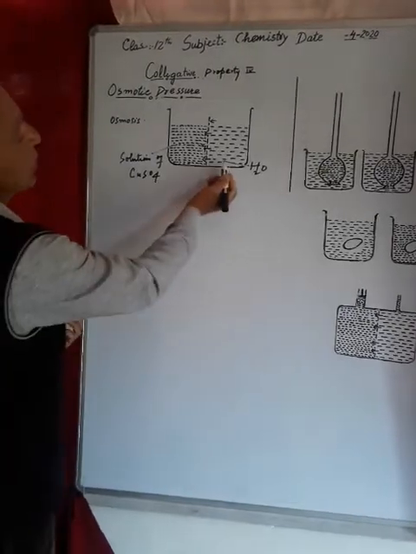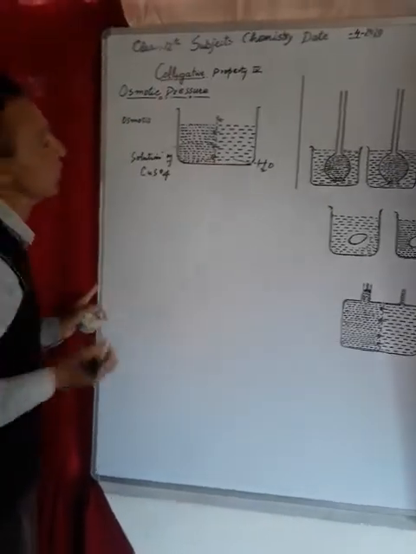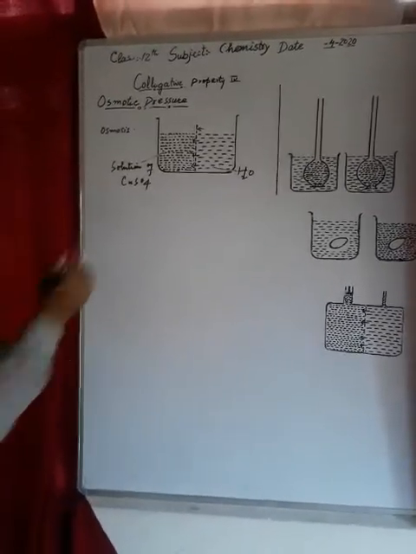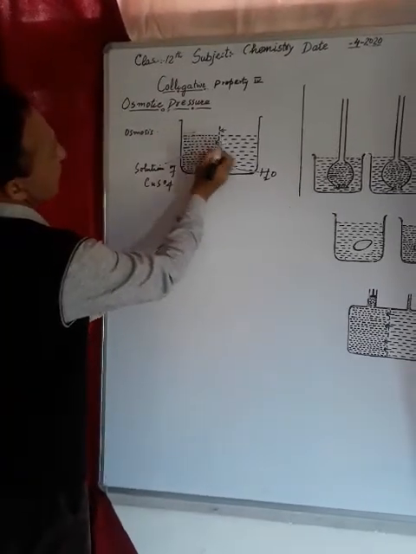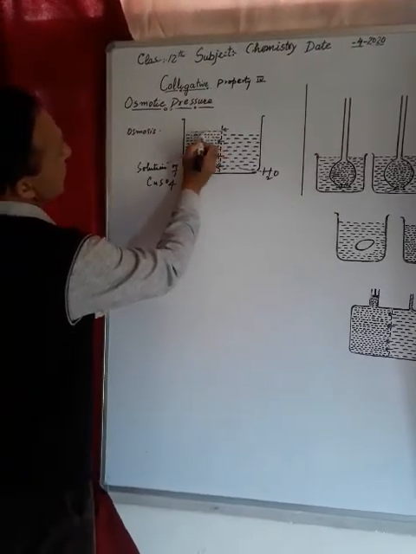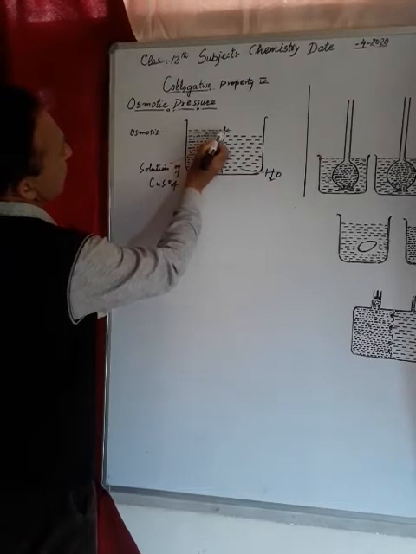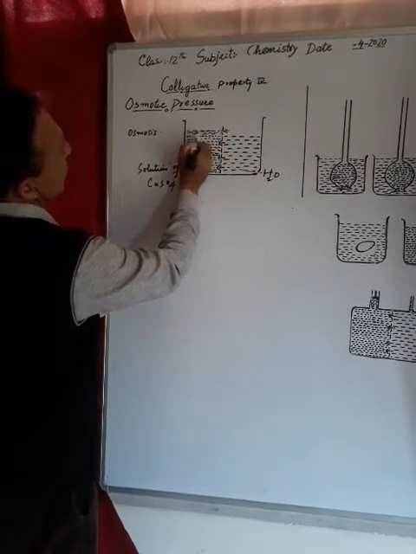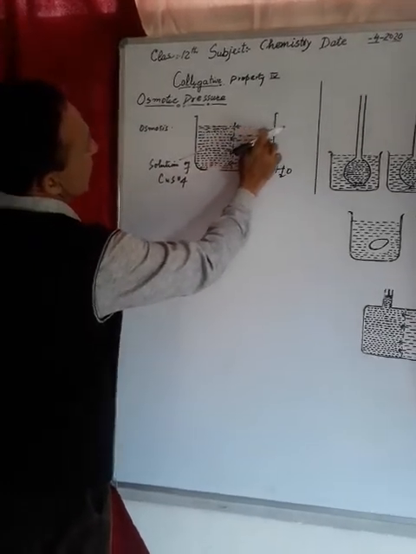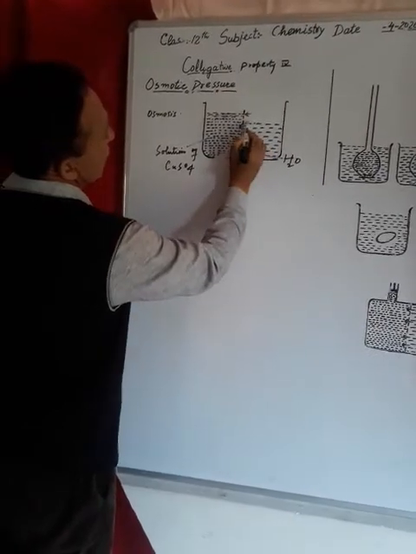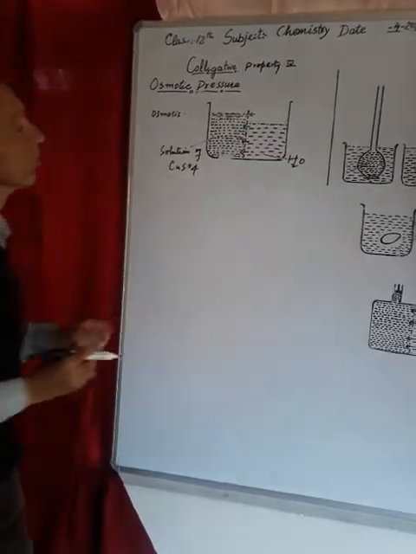This movement of the solvent particles is called osmosis. When the water passes into it, the level in the solution increases, and the level on the solvent side, the water side, decreases.